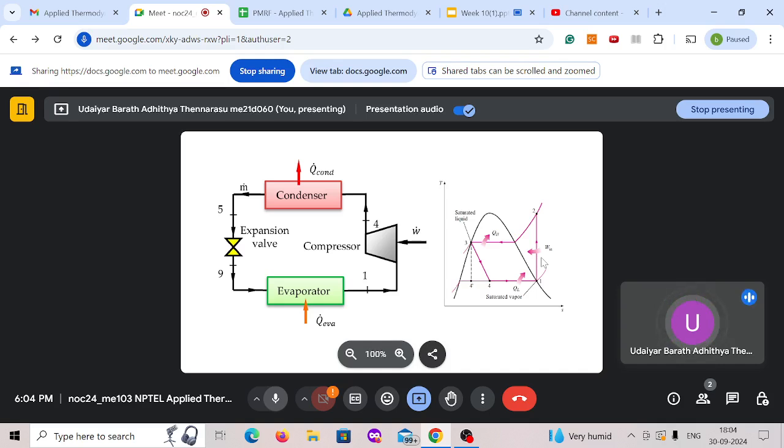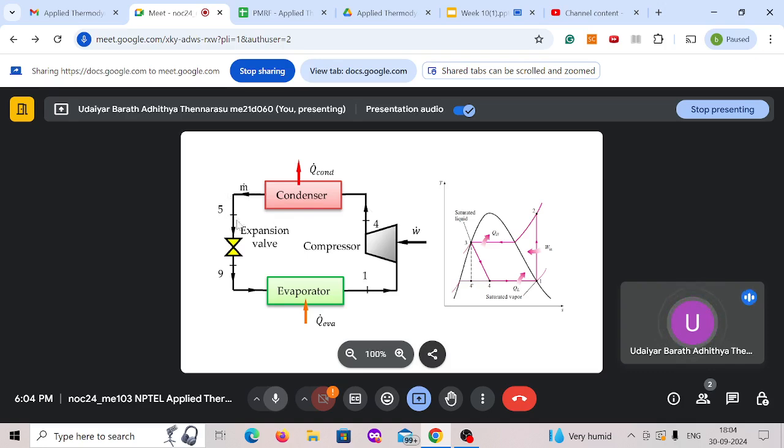Initially, what happens is, you start at state 1 and compress it through the compressor, and the compressor takes some work to compress the fluid from state 1 to 4, and then it's passed to a condenser. In the condenser, the fluid coming out of the compressor is at a higher pressure and temperature, so it is cooled and condensed to a liquid state, and in some cases a subcooled liquid.